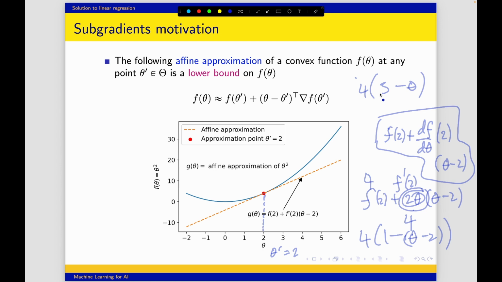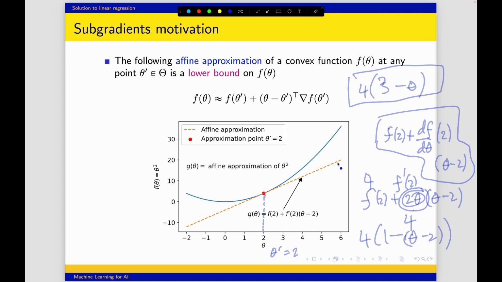So this is what it is. Is that right? At theta equals 2, we're going to get 4, right? 3 minus 2 is 1, times 4, yeah, 4. So it's 4 times 3 minus theta. It's more explicit what this is.